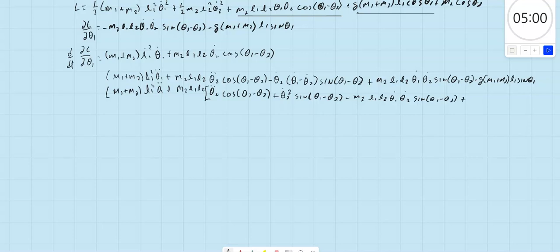Plus, I'll put my potential now, it's going to be positive, plus m2 L1 L2 theta 1 dot theta 2 dot sine (theta 1 minus theta 2) minus, it's going to be a plus, g (m1 plus m2) L1 sine theta 1.